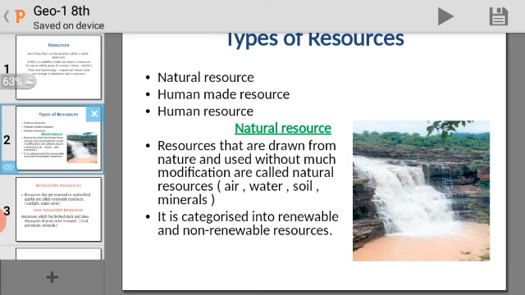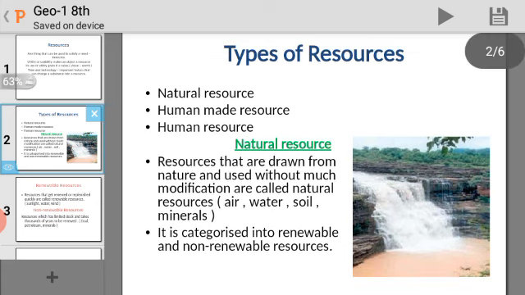Now, the resources that are drawn from nature and used without much modification are called natural resources. Some of the resources we extract, we take from nature, and we use them without much modification, much change, like air we breathe every time, water we use, soil we use, and minerals.